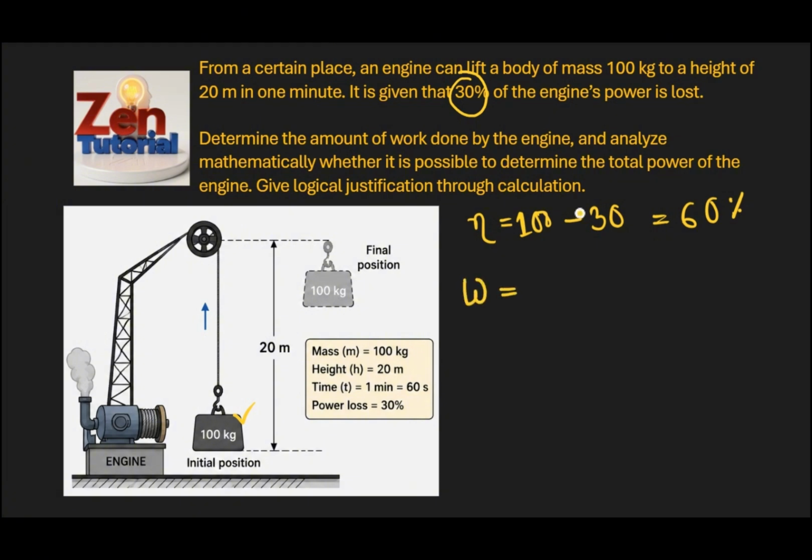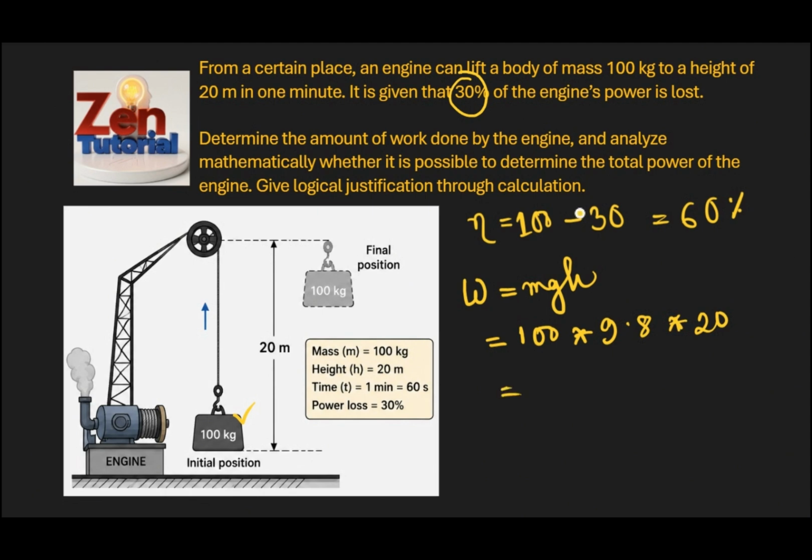W is equal to mgh. Let's plug in all the given values. So this is 100 kg for the object, g is 9.8, and h is 20.